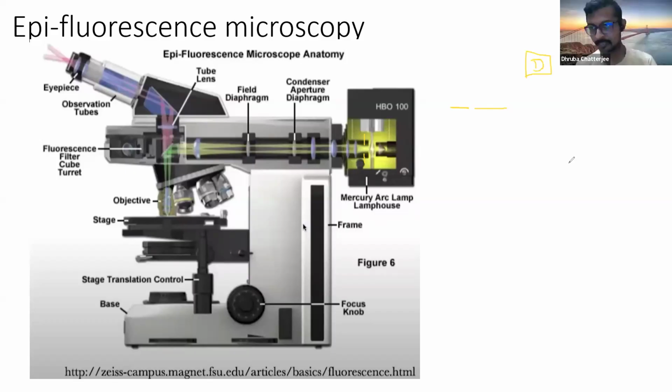Now, in the case of an epifluorescence microscope, your biological sample has so many different layers, so many different Z's. Light is coming from these different planes and focusing at different positions.